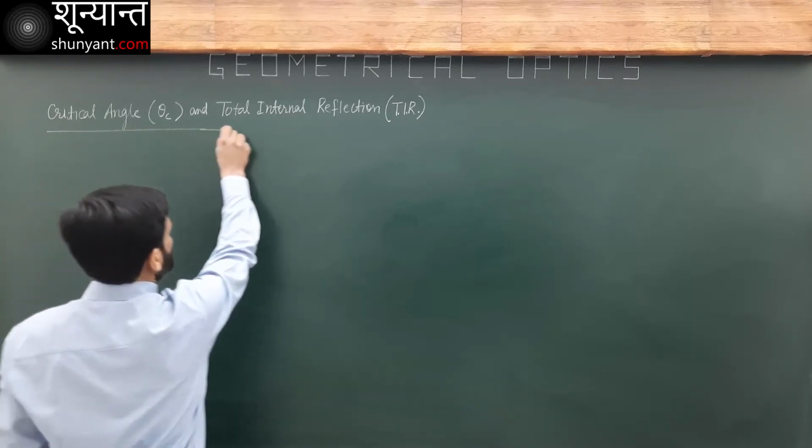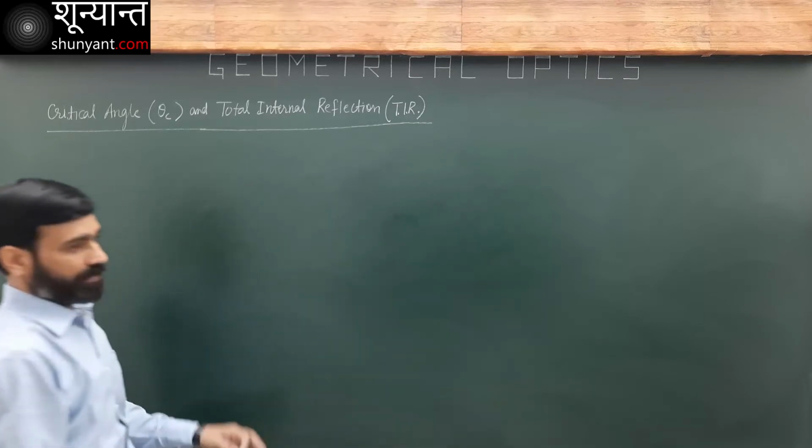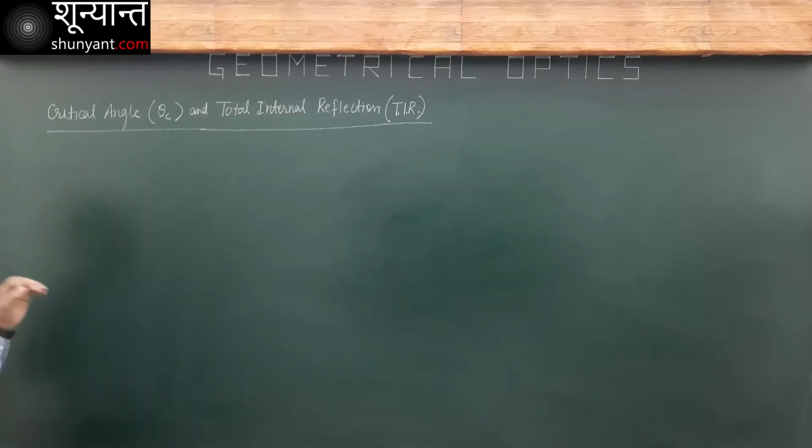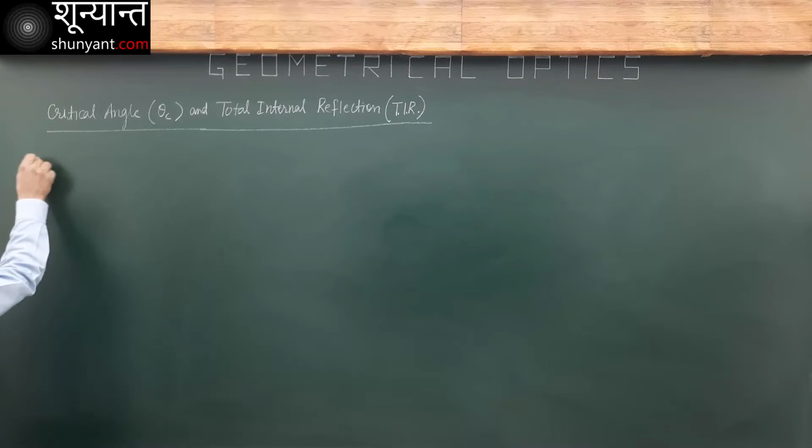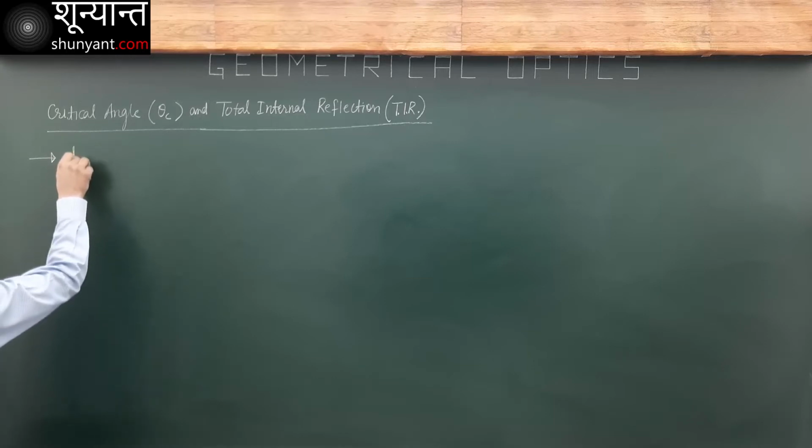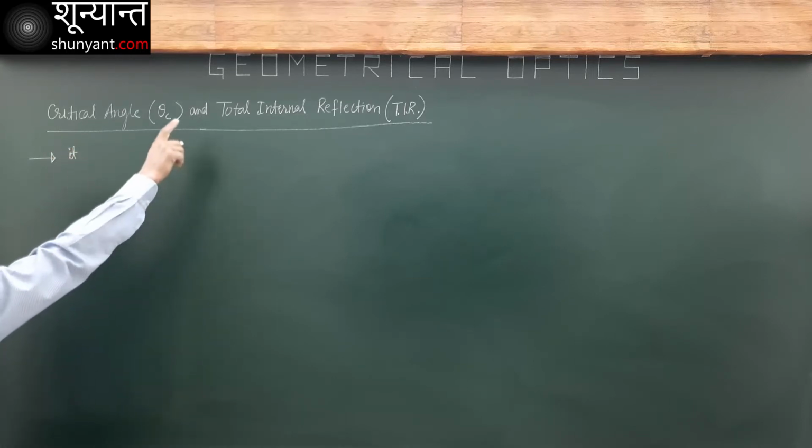Let's try to understand. The first point, and the point that I have to keep in mind, is when it happens. What happens? Total internal reflection.